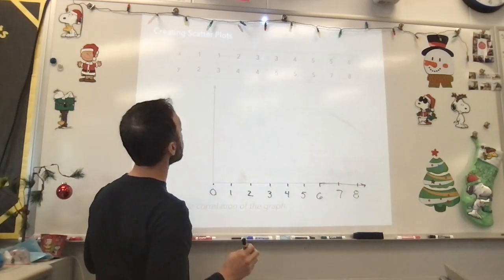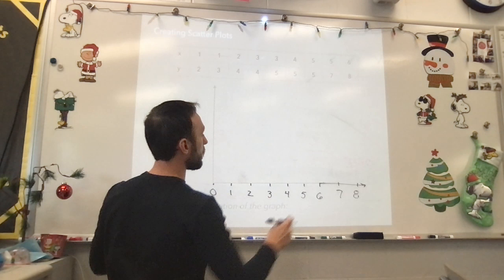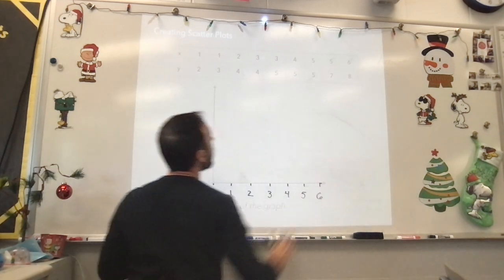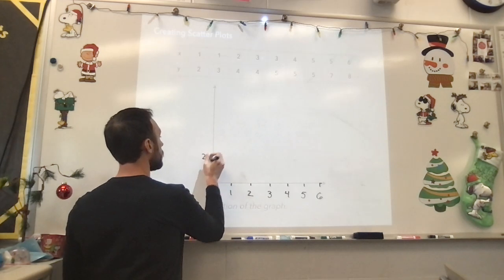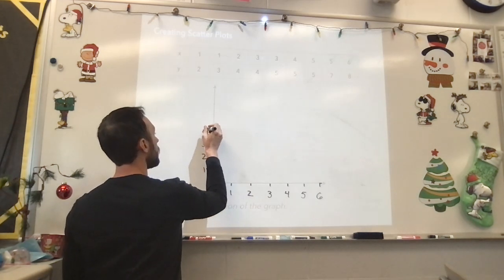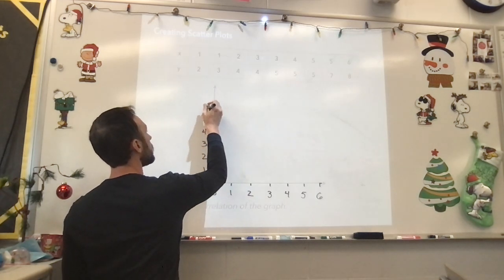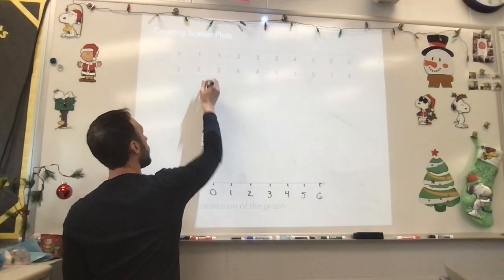I think 6 is my biggest, so I've been good. My Y value goes up to 8, so 1, 2, 3, 4, 5, 6, 7, and close enough, 8.